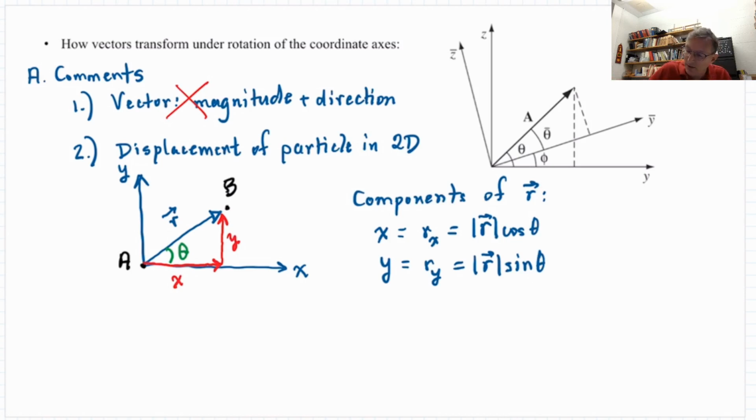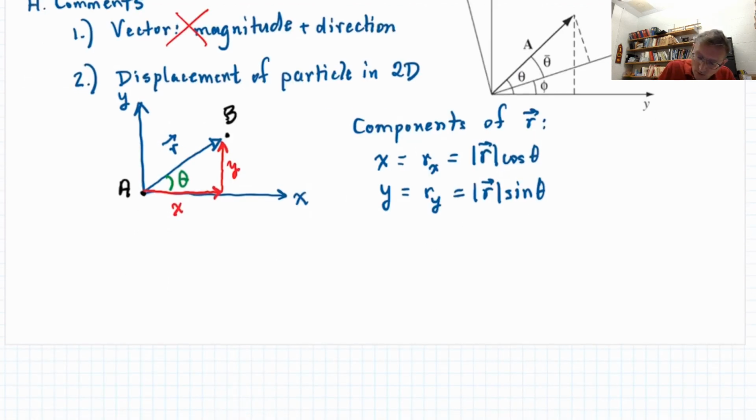Okay? So now what I want to talk about is a rotation of the axes. That's an example of what we call a transformation in physics.